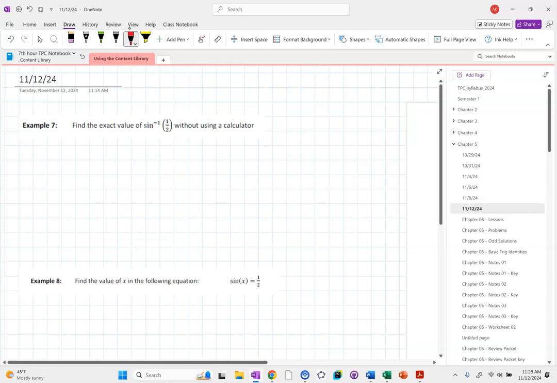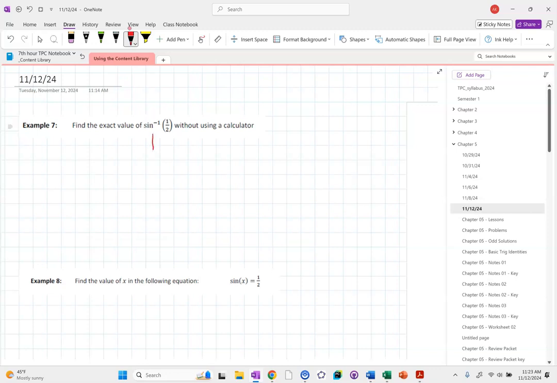In chapter 4, we did things like find the exact value of sine inverse 1/2 without using a calculator. When you hear exact value in trigonometry class, what tool do you expect to be using? Unit circle.